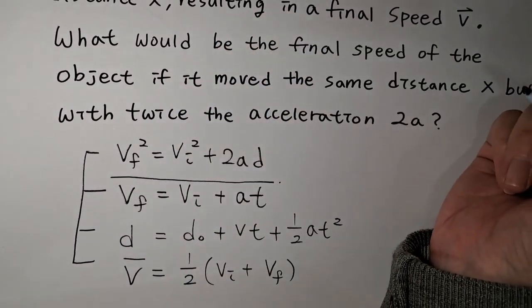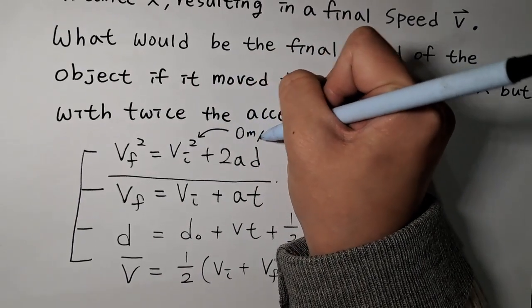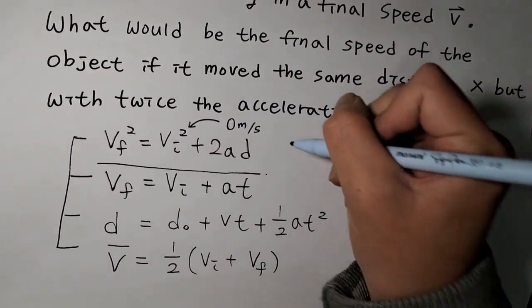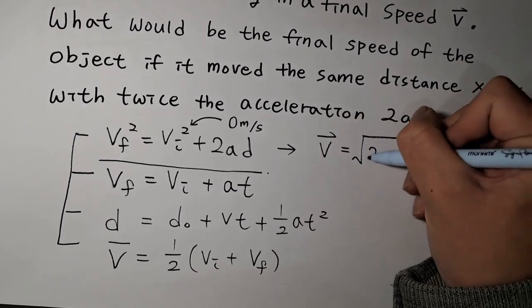So the initial velocity is 0 meters per second. Then velocity is this.